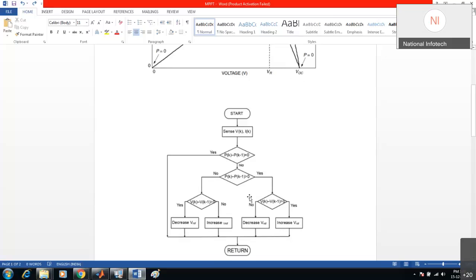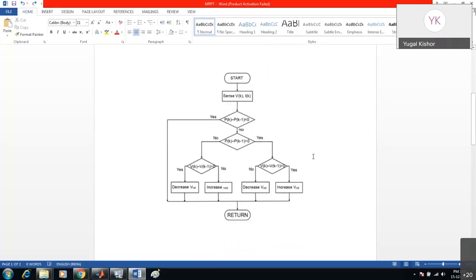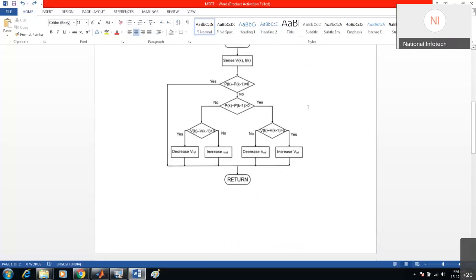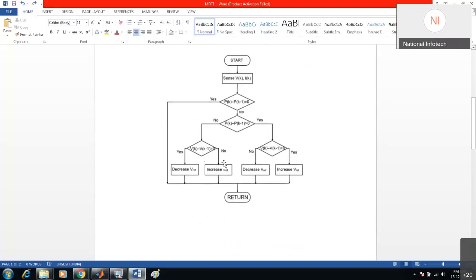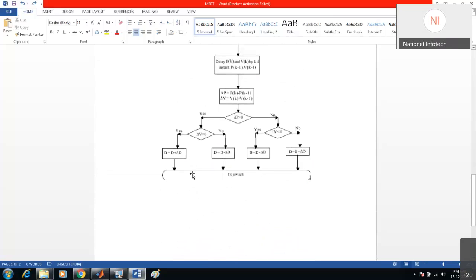Yes, sir. Okay, so the same way we will be implementing it in the boost converter. In the boost converter, we are not giving the voltage reference. Instead, we are giving it the duty cycle. Okay, the same is here.